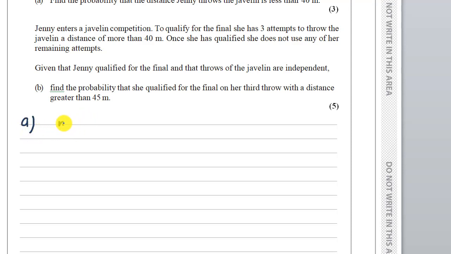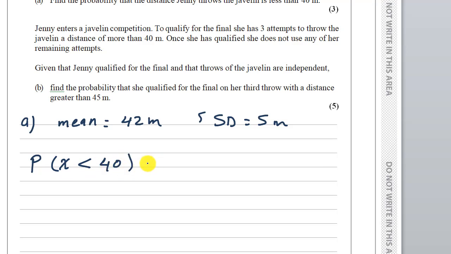Now the mean is equal to 42 meters and the standard deviation is equal to 5 meters. We need the probability of x less than 40, which is equal to the probability of z less than (40 minus 42) divided by 5.